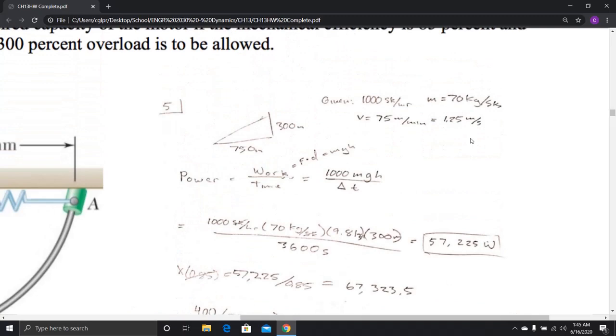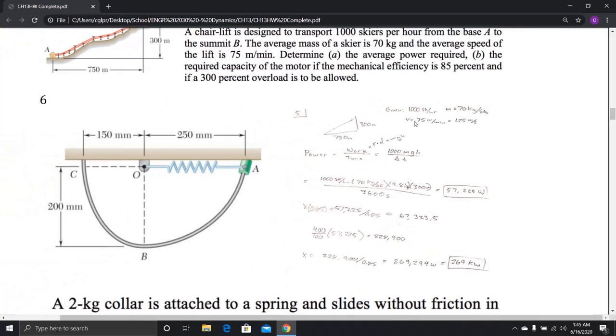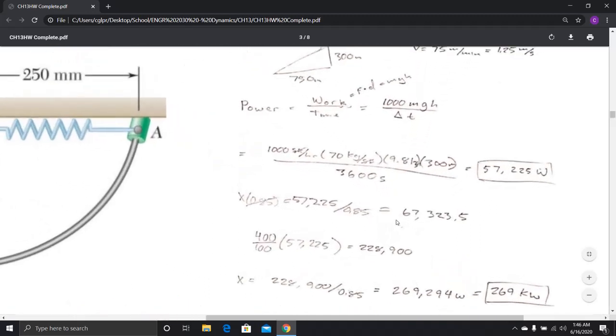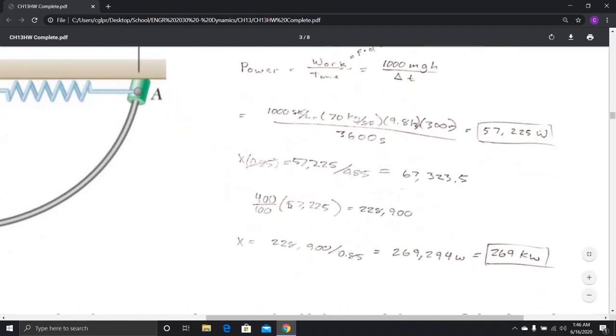to find the required capacity of the motor if a 300% overload is to be allowed. First off, I did it based off of the wattage that I found, so I wasn't sure exactly what it was asking.